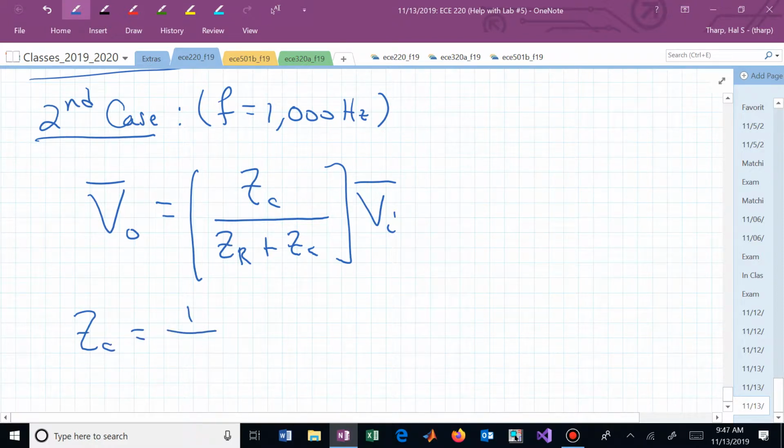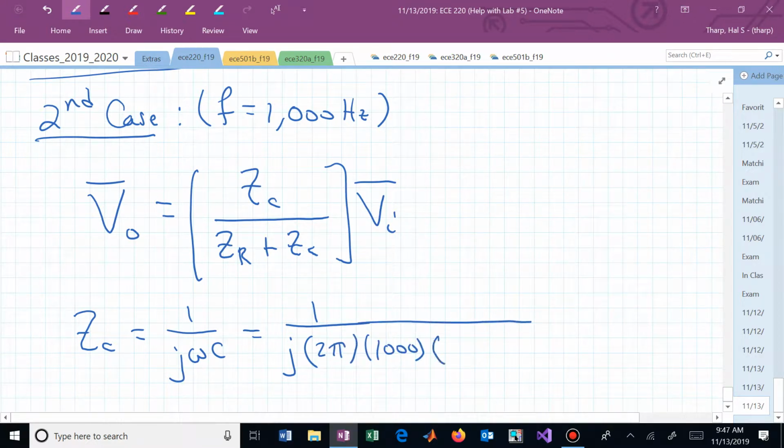That's 1 over j omega C. This is now 1 over j, where omega is 2 pi times 1,000, and C is the same. This now simplifies to minus j 15,915.5.